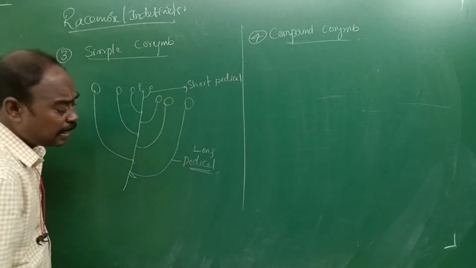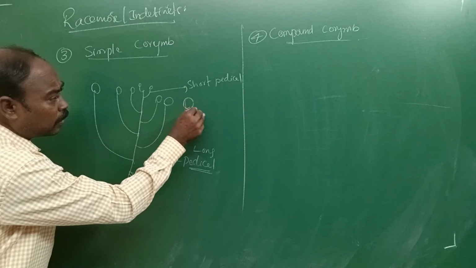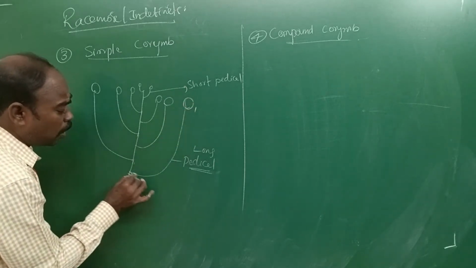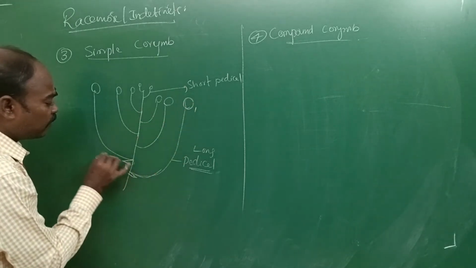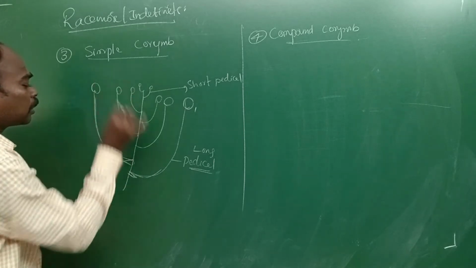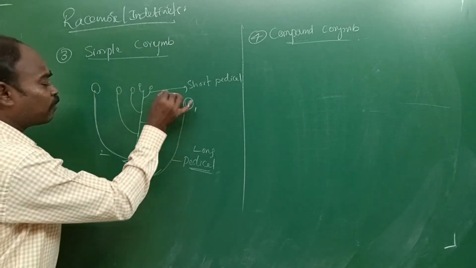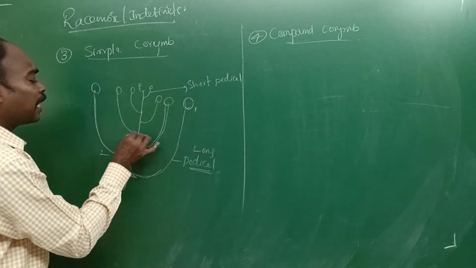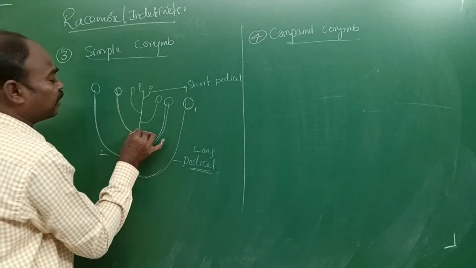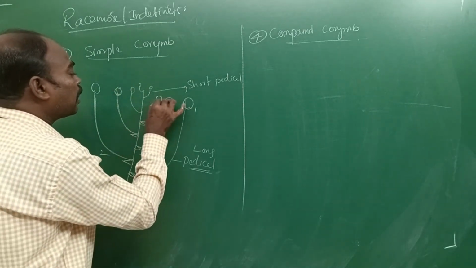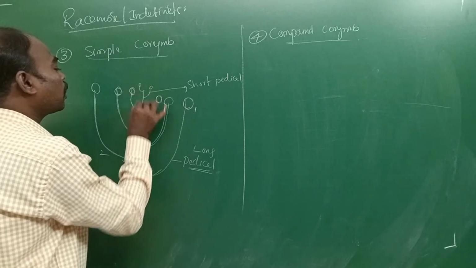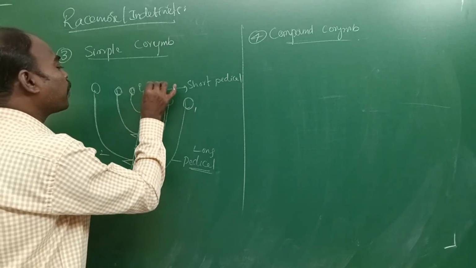What is a pedicel? The stalk of the flower. The first flower has a long pedicel. The second flower has a somewhat shorter one. The third flower has another shorter one. Likewise, different lengths of pedicels are found in this type.